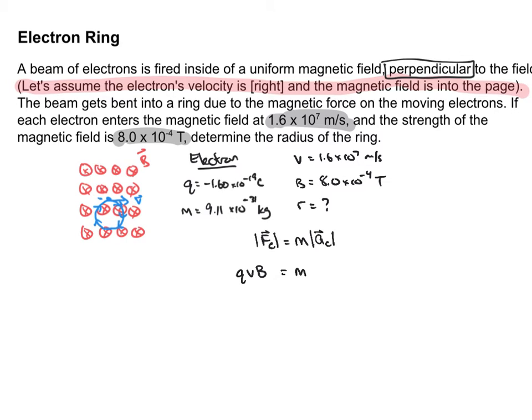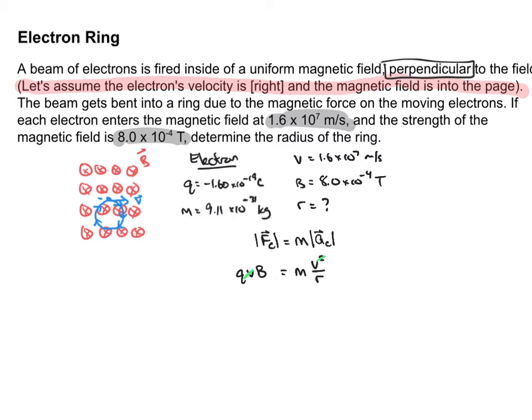And the centripetal acceleration, we go back to a uniform circular motion formula. It's v squared over r for the centripetal acceleration. So what I'm going to do is solve for r. Have a little bit of cancellation going on with the v's. One v cancels here, and one v cancels there.